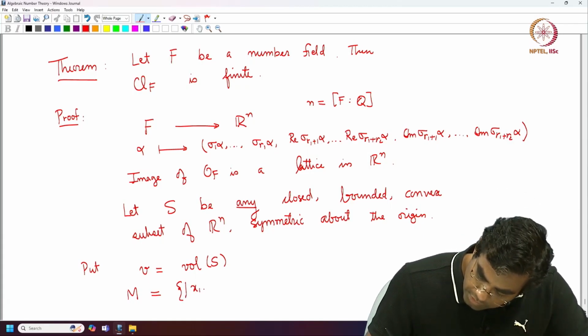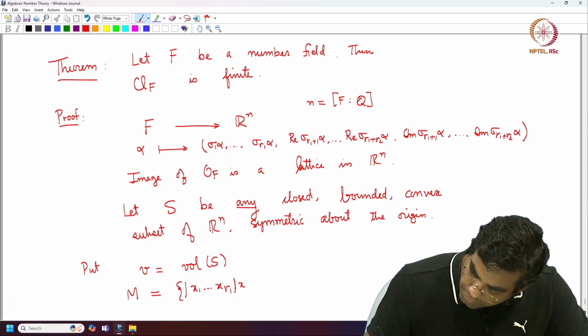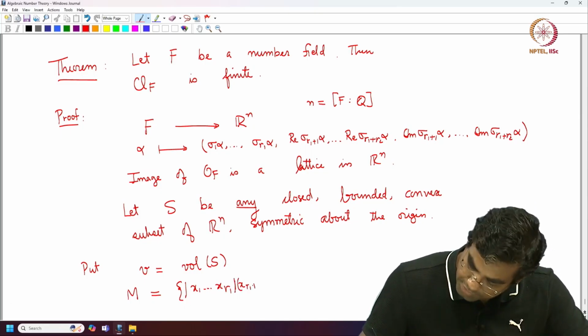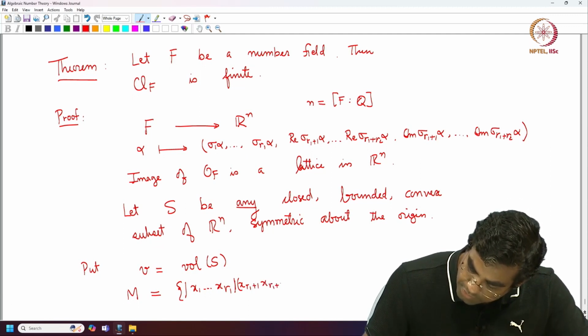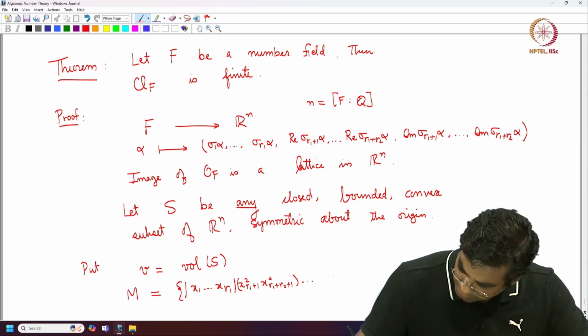So, |x_1| up to |x_{r_1}|, then x_{r_1+1} up to x_{r_1+r_2+1}, the squares of these.